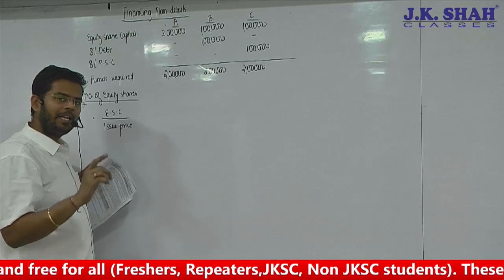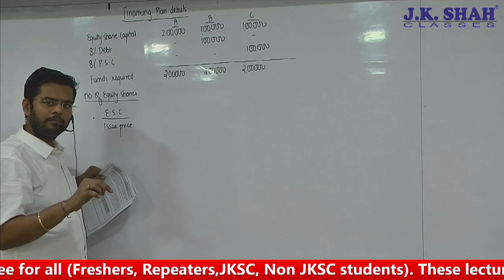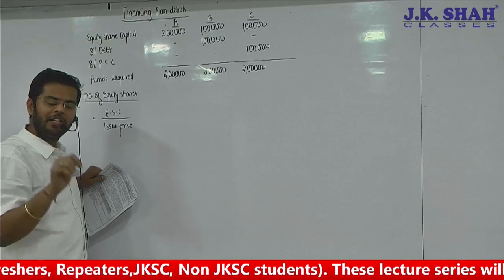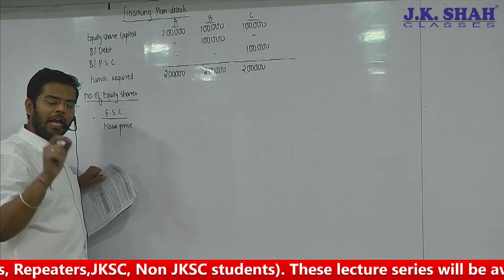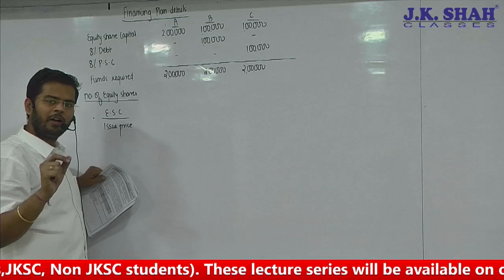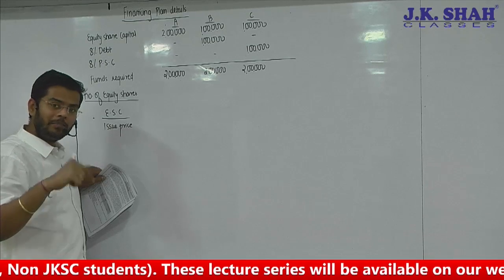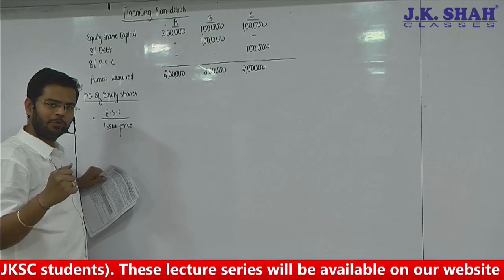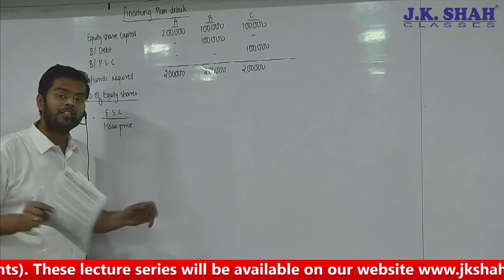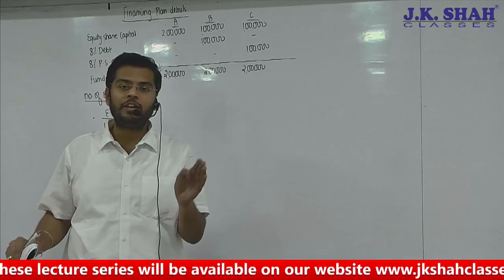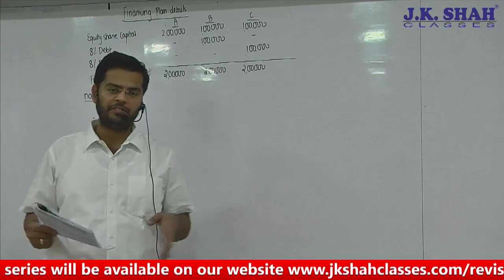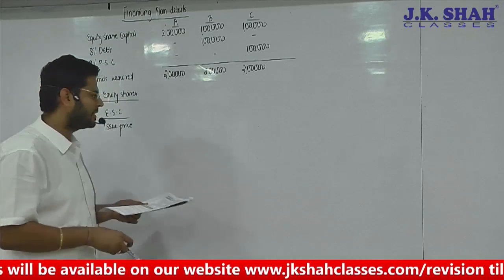If a company already has shares that are traded in the market, and the market price of the share given is say 100 rupees, and the company is planning to go for a fresh issue and the issue price has not been mentioned by the question, we are safe to assume that the new share will be issued at the prevailing market price. Here the information is available, so we'll stick to that.